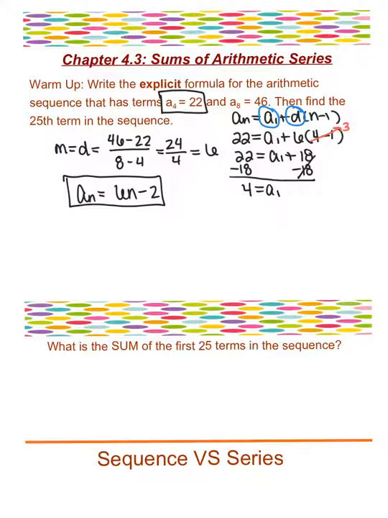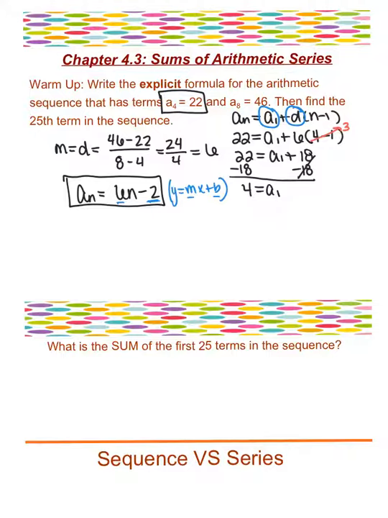Remember again that arithmetic sequences behave like linear functions, so this kind of looks like the slope-intercept form for a line. Just bringing that relationship back where the common difference corresponds to the slope, and this number here corresponds to the y-intercept, or the 0th term in the sequence if it existed.